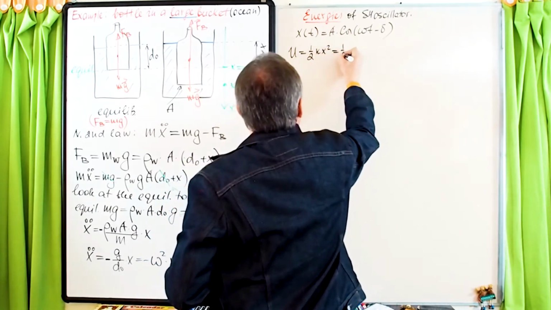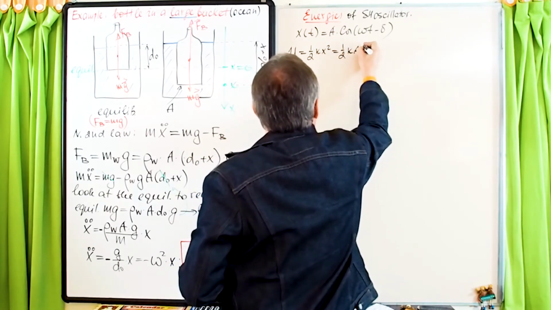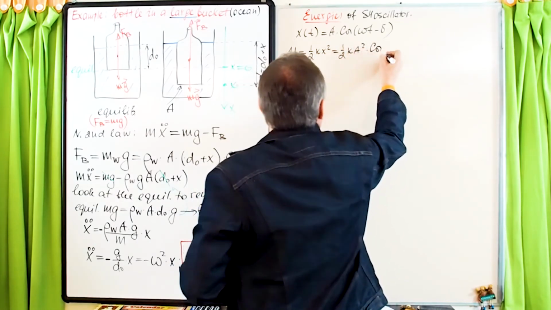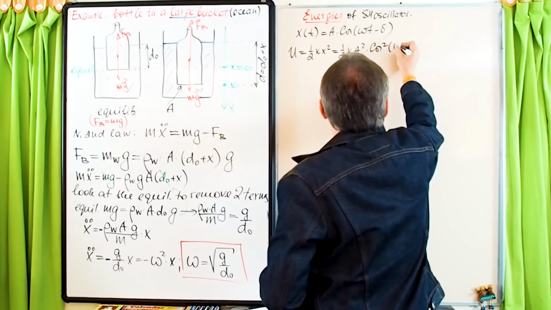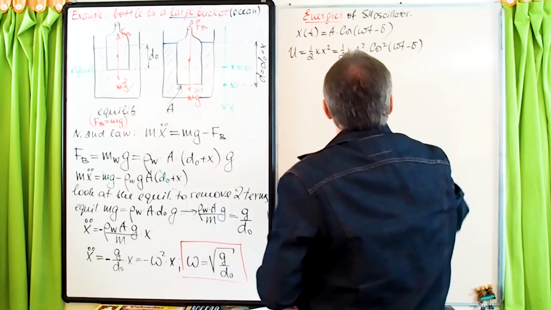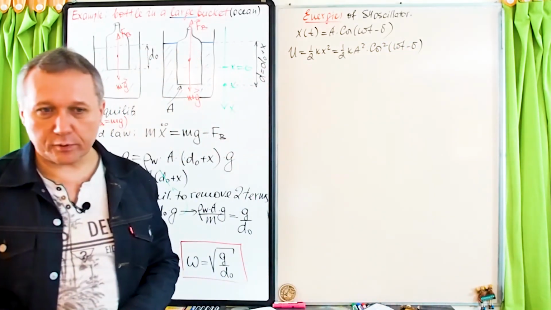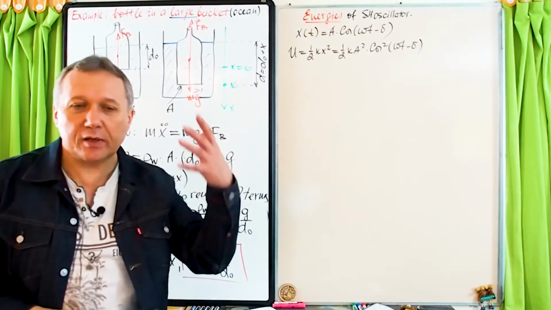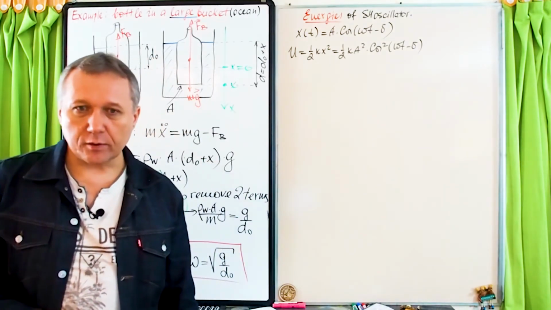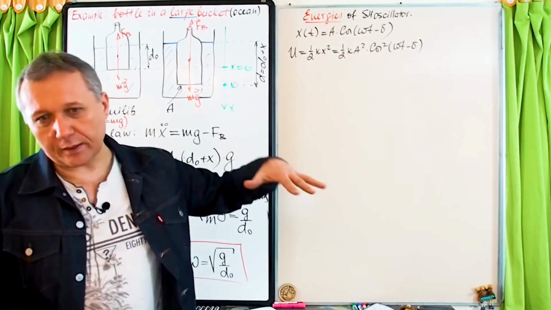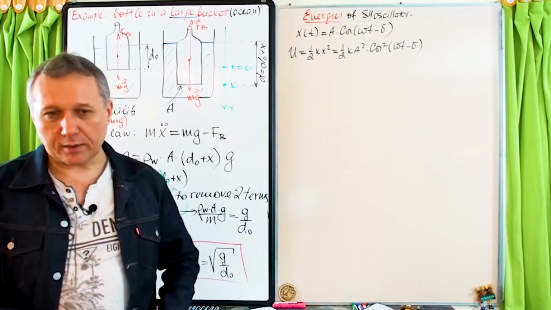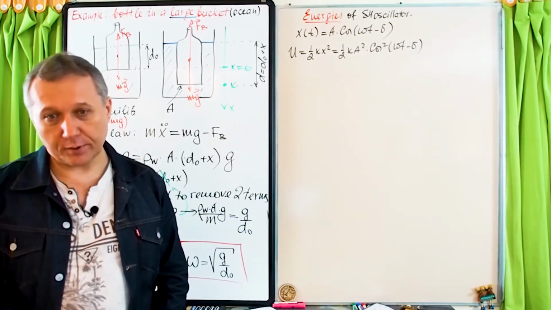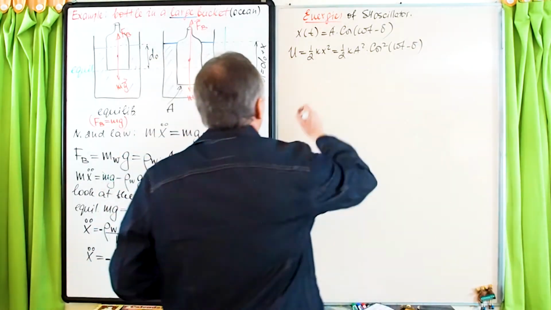So of course it will be 1 over 2 k a squared cosine squared omega t minus delta. So it's a periodic function, of course never becomes negative. So it oscillates between 0 and 1 over 2 k a squared, periodic, right?